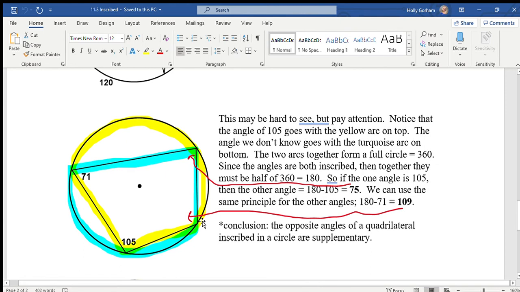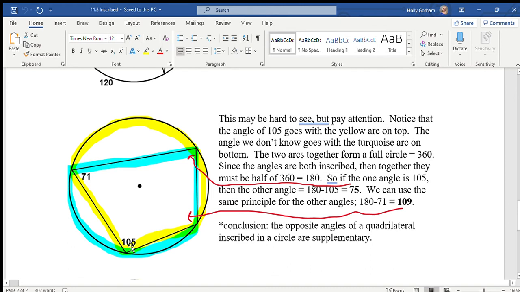Okay, so let's stay with that. The angle that we don't know up here in turquoise, it goes with the bottom turquoise arc. Now together, the yellow and the turquoise, they form a full circle, which is 360.